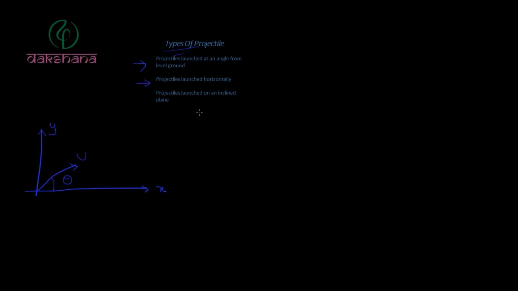The second type is projectiles launched horizontally. Let's assume this is our y, this is our x. Projectiles launched horizontally with speed u, so the trajectory will be something like this. And the third type is projectiles launched on an inclined plane.